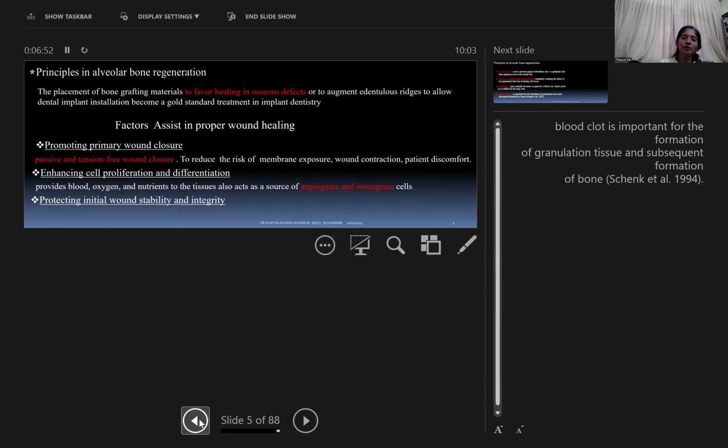Thereby, with the passive closure, you are reducing the amount of membrane exposure and wound contraction, and also enhancing the proliferation and differentiation of the cells to have neovascularization set in place. Doing all this, you have the initial wound stability, thereby you can have a predictable result.